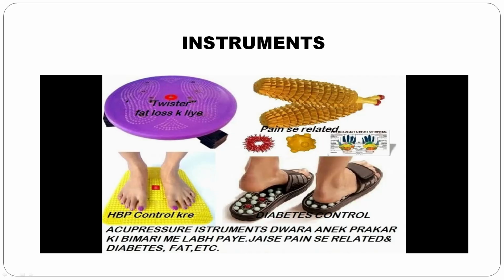Here, these are the protuberances that you can see. So automatically some sort of pressure is applied on your sole. This is a mat. Whenever you put down your foot, it gives you acupressure automatically.